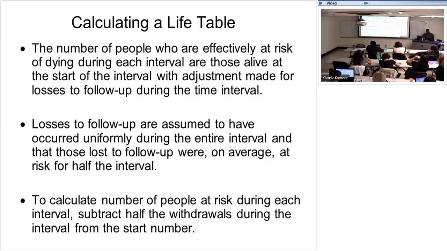So when we want to calculate the number of people at risk during the interval, we subtract half the withdrawals during the interval from the start. So if 200 people started, and 20 people at the end have been lost to follow-up, to get our denominator we will have 190, because for the 20 people lost to follow-up, we take half, since we assume they were at half risk.